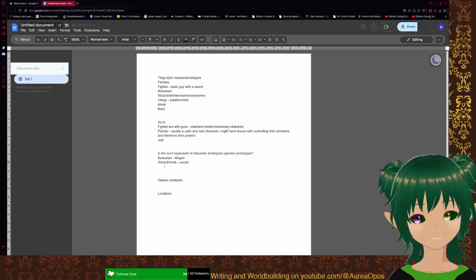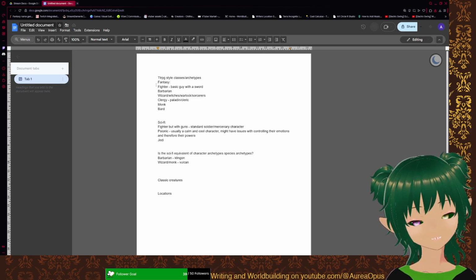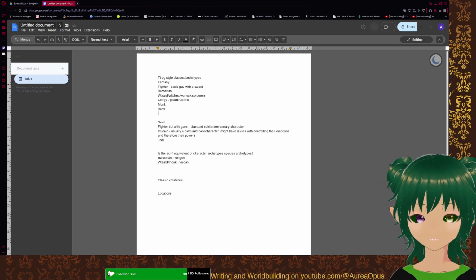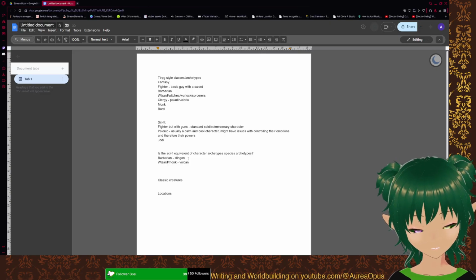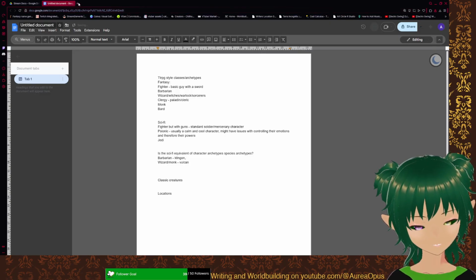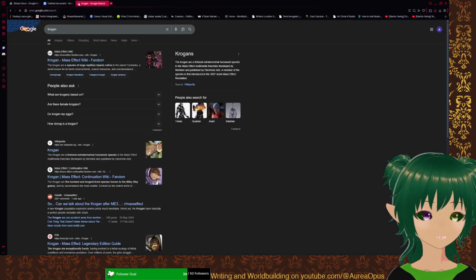A bard, that's probably musically inclined races. You could make an equivalent for a lot, but are they a character archetype? Probably not. The Klingons, the warlike race, appear in more universes. Are they called... was it a Krogan in Mass Effect?